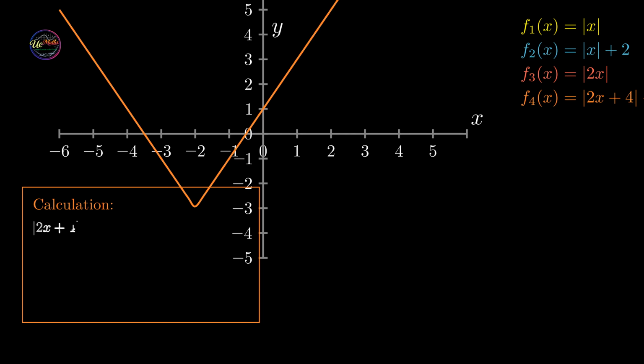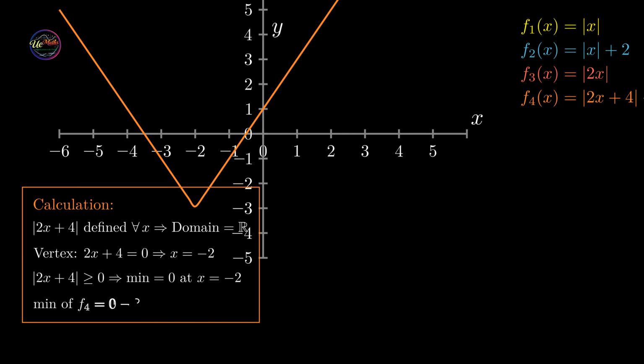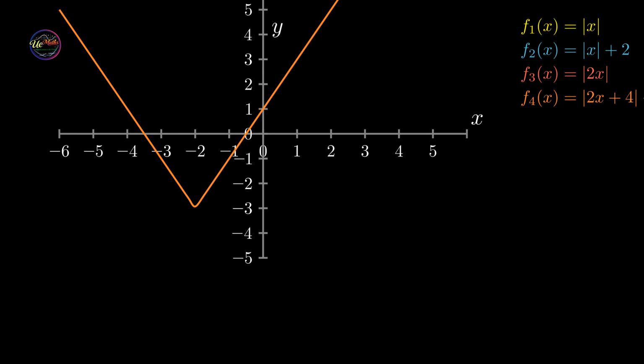The orange curve shows f of x equals the absolute value of 2x plus 4 minus 3. To find the vertex, we set the inside of the absolute value to 0. 2x plus 4 equals 0, which gives x equals negative 2. The absolute value term is never negative, so its smallest value is 0, which happens exactly at that vertex.